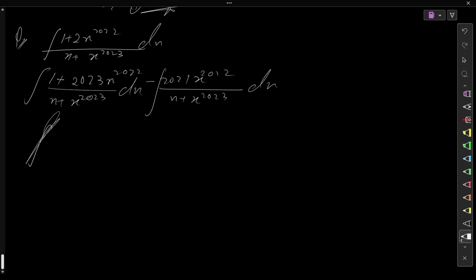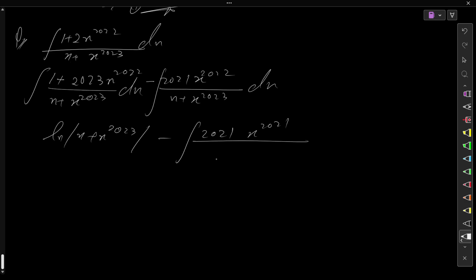So integral of ln mod of x plus x square... x to the power of 2023 minus, if I see, x is getting cancelled from there, so this will become 2021 x to the power of 2021 divided by 1 plus x to the power of 2022 dx.